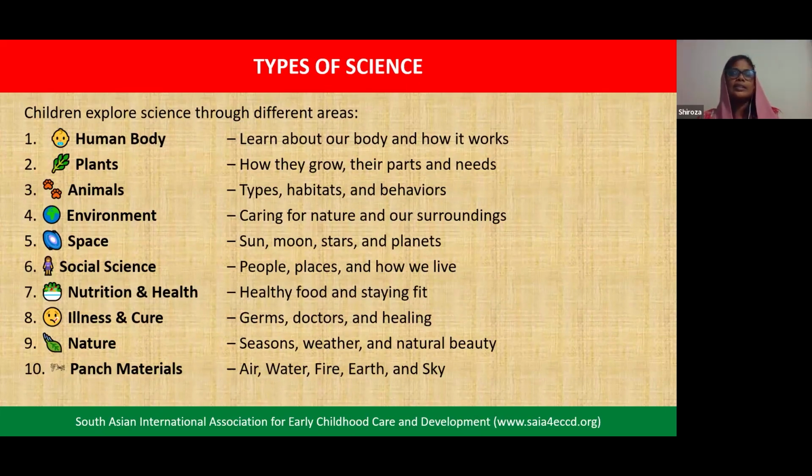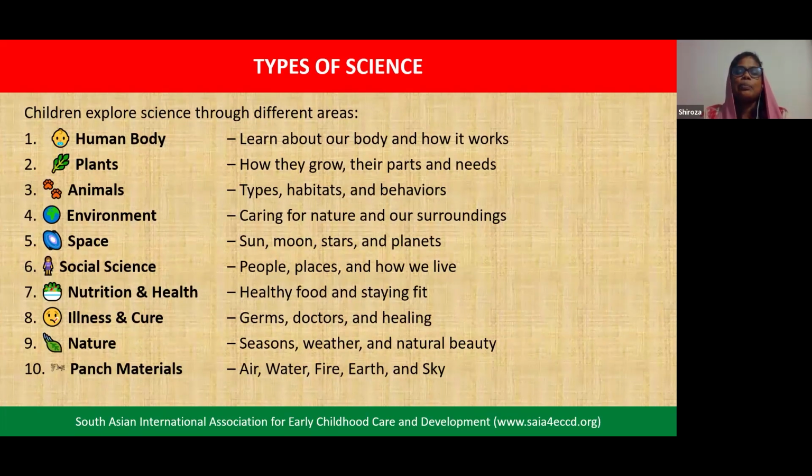Types of science. Science is not a subject. In the children's life, it is in daily everything. Children explore science through different areas. Human body: they learn our body and how it works. Plants: how they grow, their parts and needs. Animals: types of animals, habitats, and animal behaviors. Environment: care for nature and our surroundings. Space: sun, moon, stars, planets.